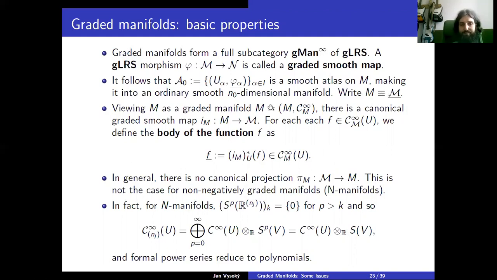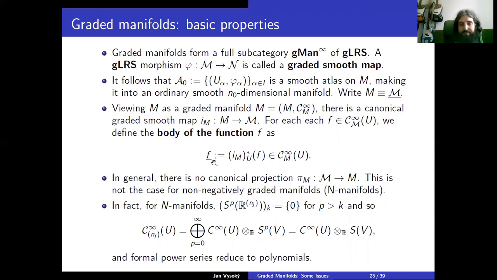Moreover, if you view M, this non-curly M, as a graded manifold, so it's an ordinary manifold, but you can view every ordinary manifold as a graded manifold, there is a canonical graded smooth map going from M to curly M. In fact, if you take a function on this curly M, on the graded manifold, you define something which is called the body of a function.